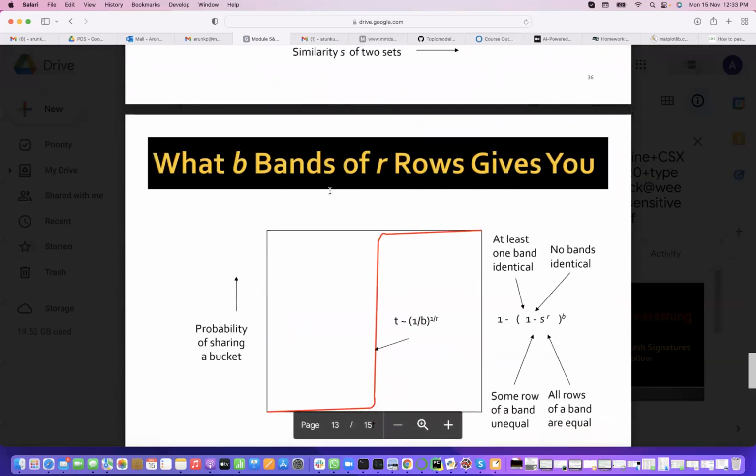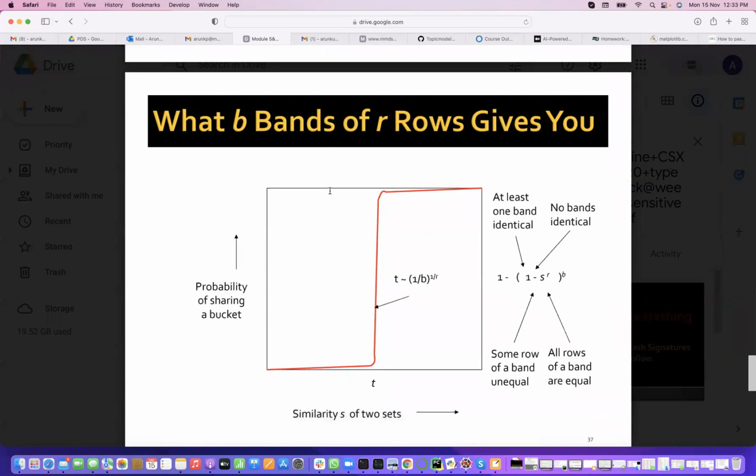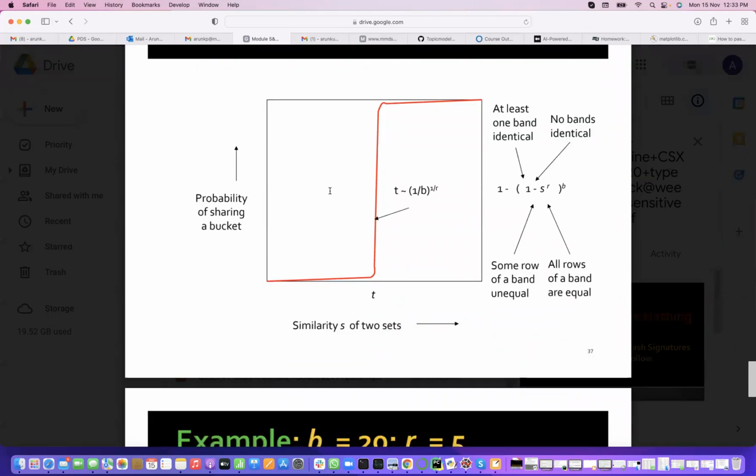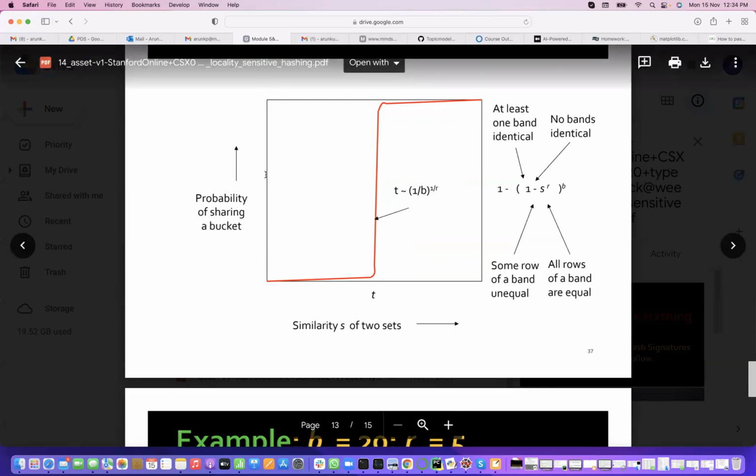Okay. So what B bands of R rows gives you, here mathematically they are proving that as you increase this T, there is very less likely chance that they miss to be similar or miss to fall into the same bucket. So this is the probability of sharing a bucket.